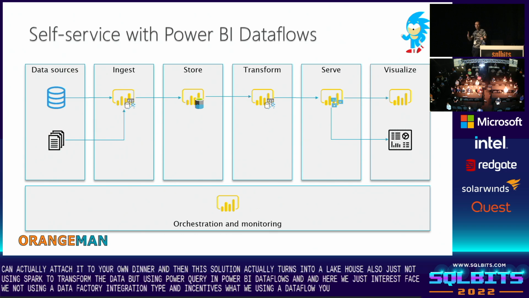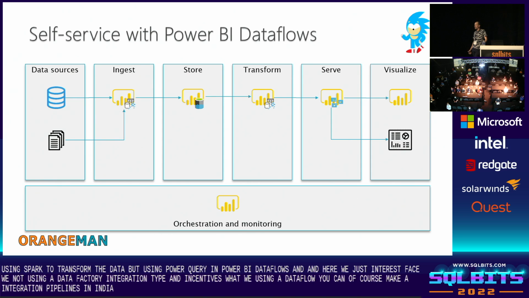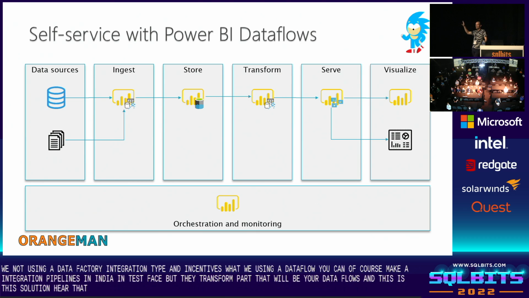You can, of course, still use integration pipelines in your ingest phase, but the transform part will be your dataflows. And this solution is the really, really cheap one, because you can do this with Pro licenses.